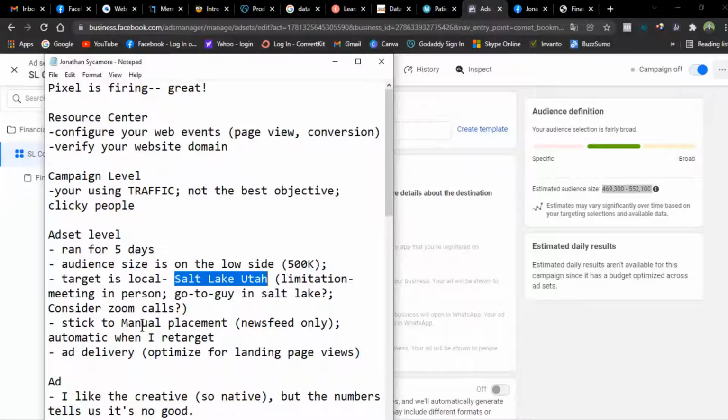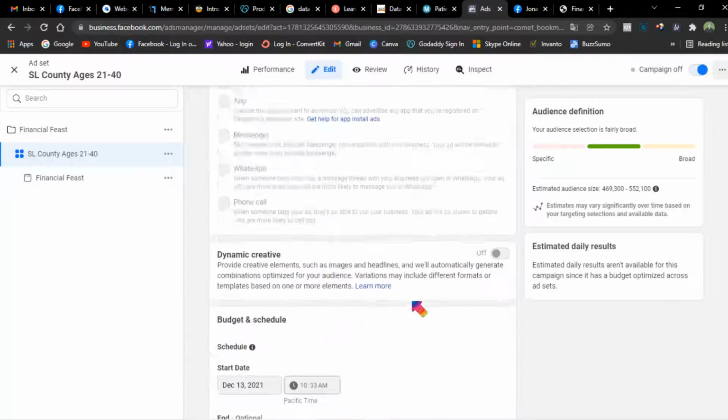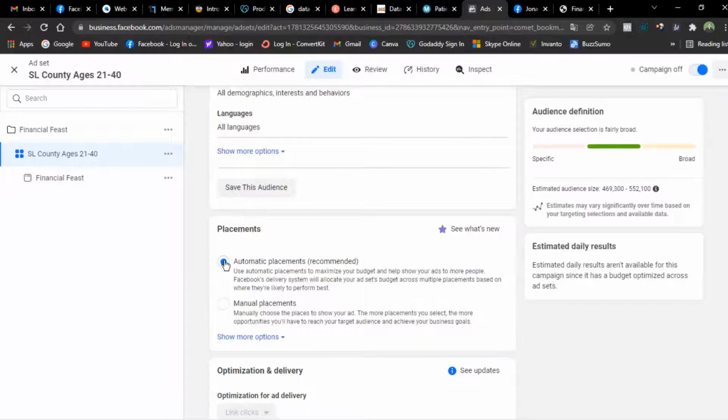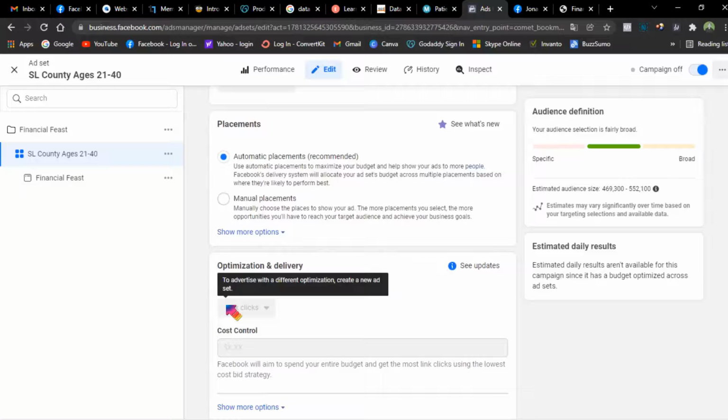And for your ad placements, I would use manual instead of automatic. It's here. I use manual placements and optimize for Facebook newsfeed only. That's going to be your front end ad.